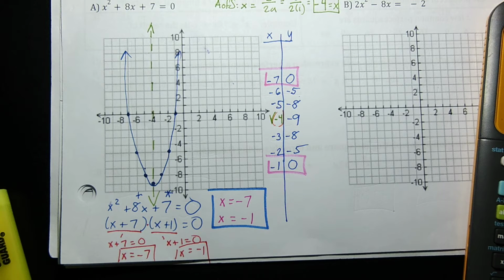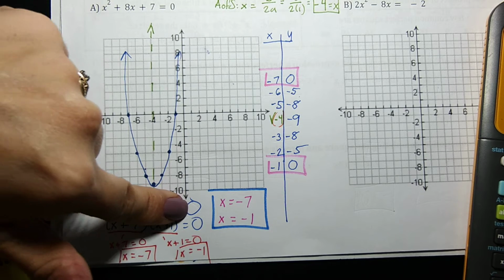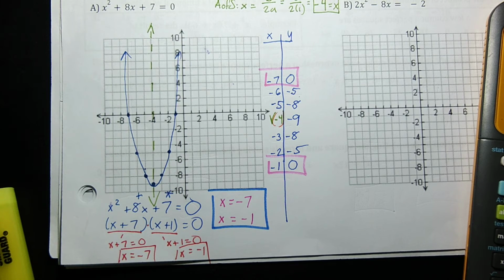Did we get the same x-intercepts? Yeah. Was it a lot less work? Yes. We still need to understand what we're solving for. What we're trying to find is the x value that makes that y value equal to 0, but factoring is much faster.